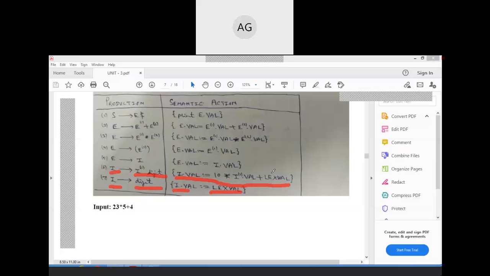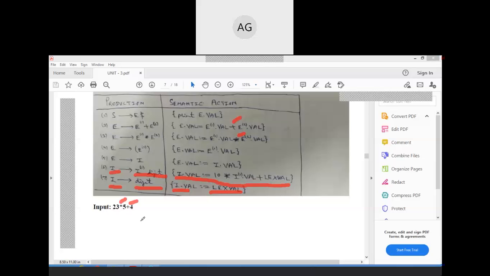You need to remember these two semantic actions, and remember that the input has the into sign and the plus sign. So just write this input.